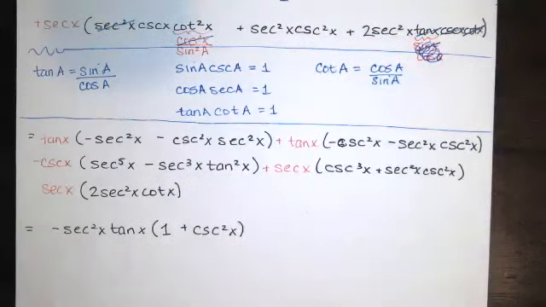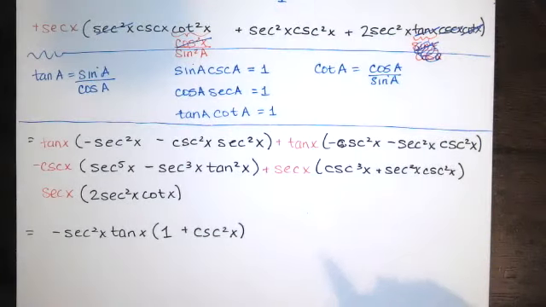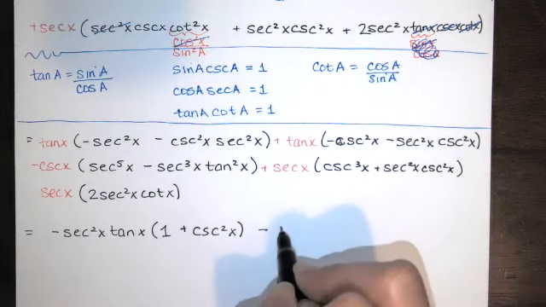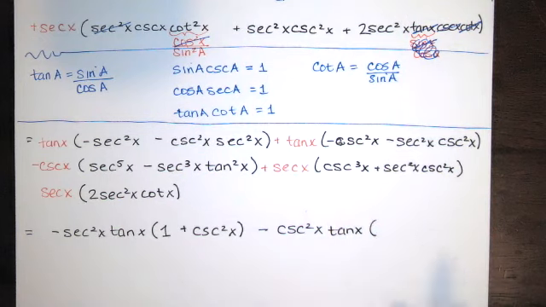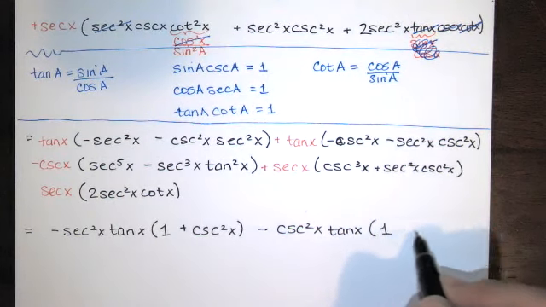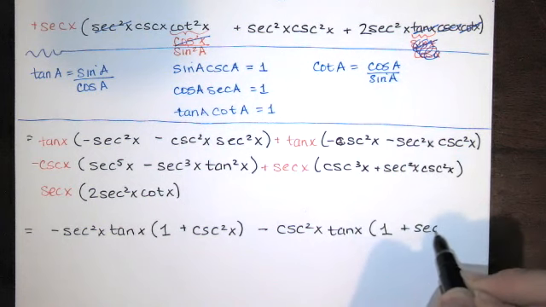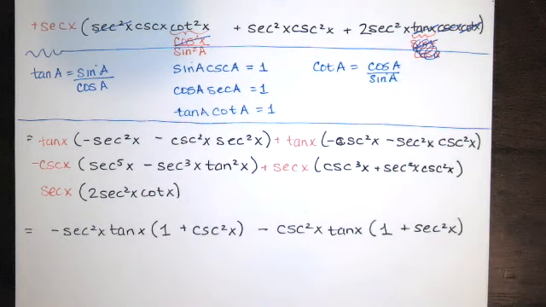And then over here, I guess we could factor out a negative cosecant squared x. And then we're left with a 1 plus secant squared in those brackets. There's a similarity here, but it's just different enough that sort of nothing reduces. I wonder. Okay, just keep going.